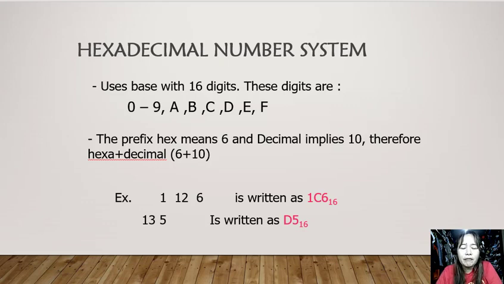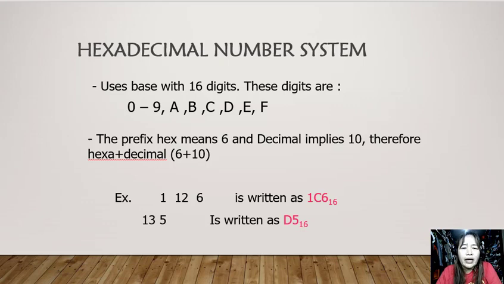For instance, if you say 1, 12, and 6 in hexadecimal form, this is written as 1C6. Where did we get C? Because 10 is equivalent to A, 11 is B, 12 is C. So 1, 12, 6 is written as 1C6 with a base of 16.